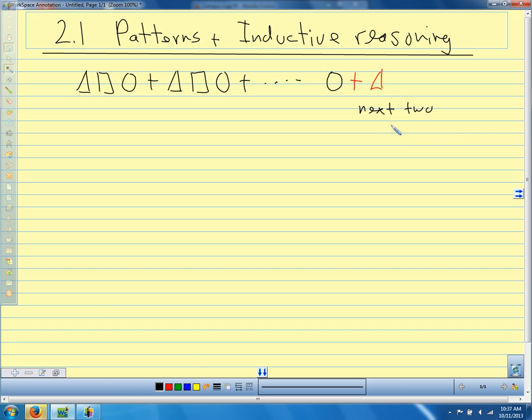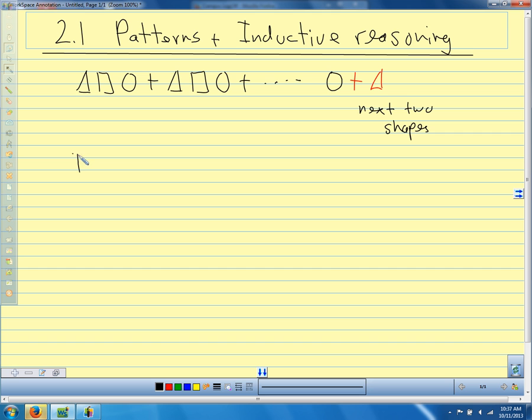This process of looking at something, observing something, maybe doing an experiment, observing, that process is called inductive reasoning. So when we look for a pattern, when we observe a pattern, when we do an experiment to try to find a pattern, we call that type of reasoning inductive reasoning.